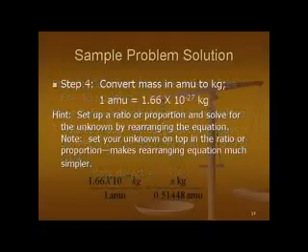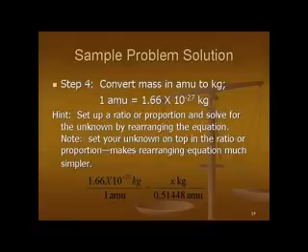We're now ready to move on to the next step. We want to take the mass defect and change that mass in atomic mass units into kilograms, because in order to use E equals mc squared, we need to have the mass in kilograms. So one atomic mass unit is equal in mass to 1.66 times 10 to the negative 27th kilograms.